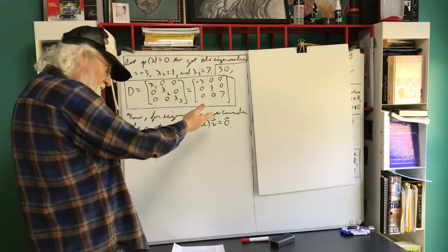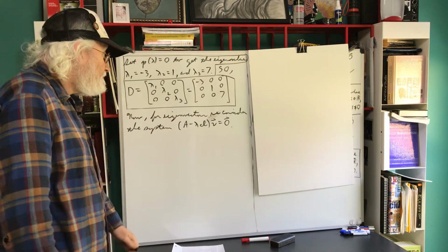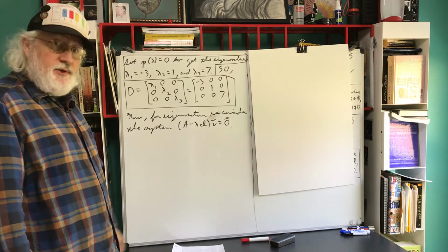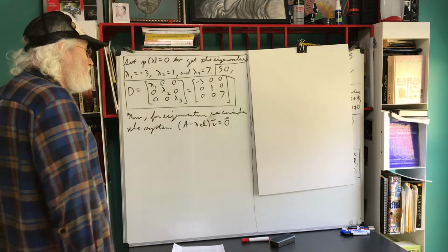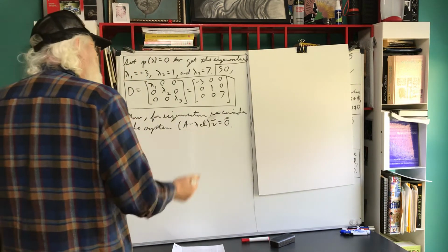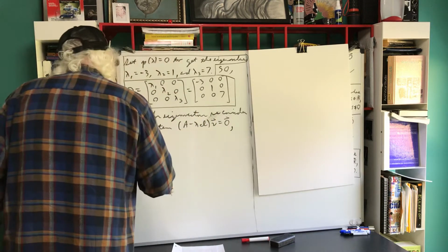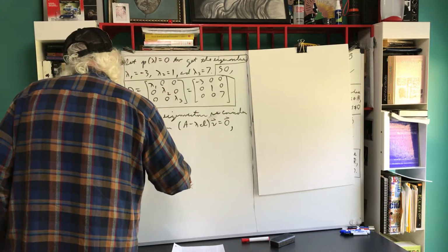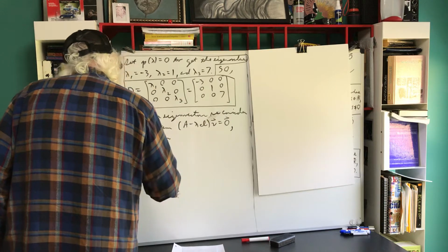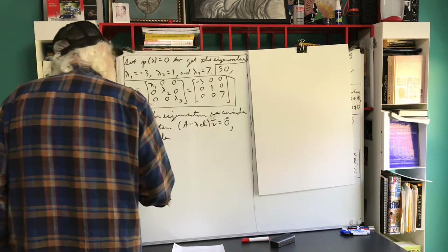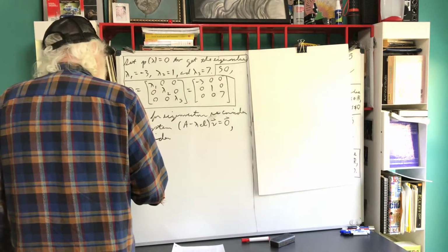It comes straight from the definition of eigenvalue and eigenvector. So we're looking for non-zero vectors V that satisfy this. So we consider the associated augmented matrix, A minus lambda I.